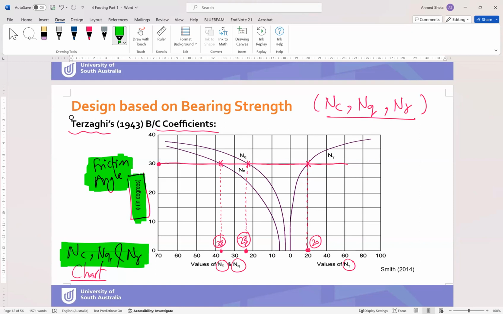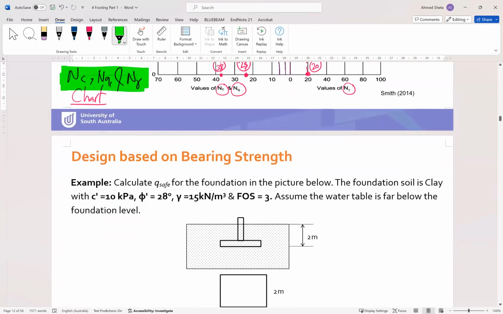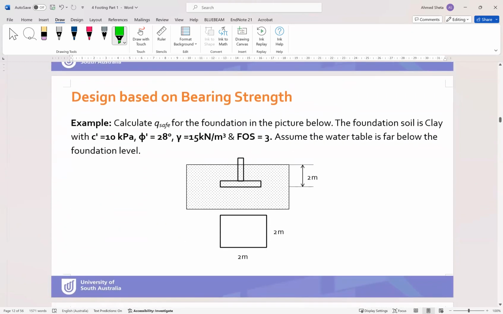Okay, here we have an example to calculate the Q safe value for the foundation in the picture below. The foundation is on clay with c equal to 10 kPa, phi equal to 28 degrees, gamma equal to 15 kilonewton per cubic meter, and the factor of safety is 3.